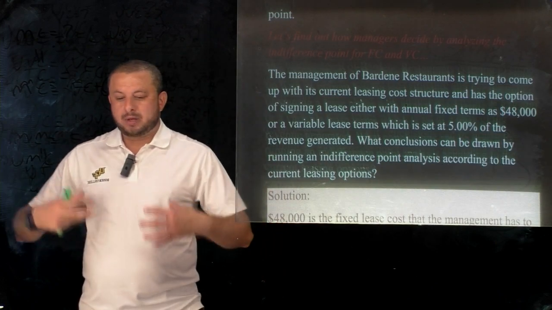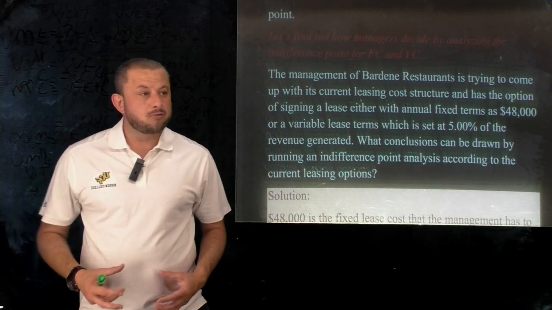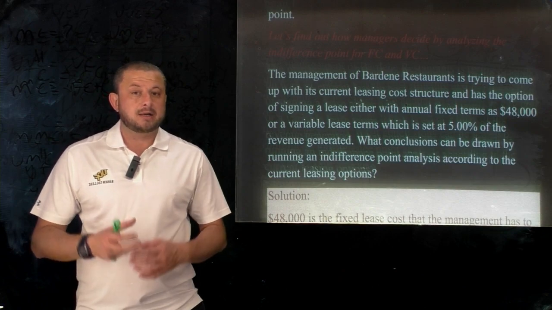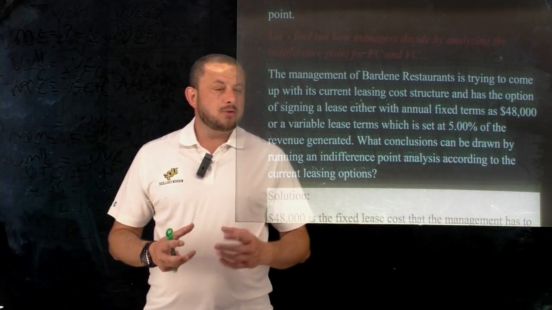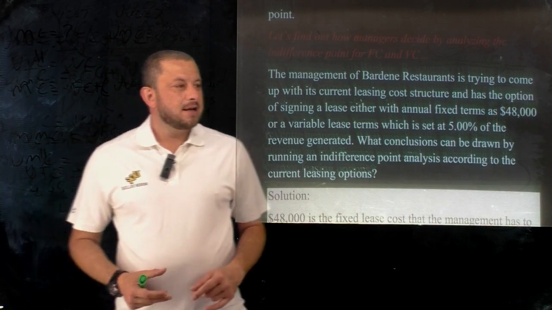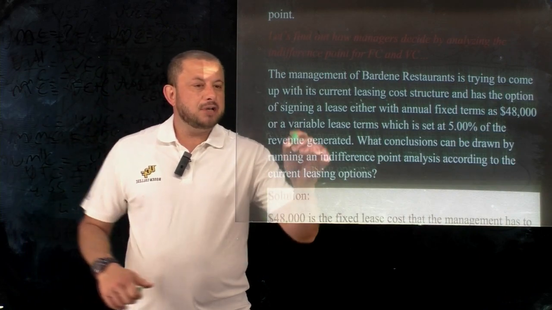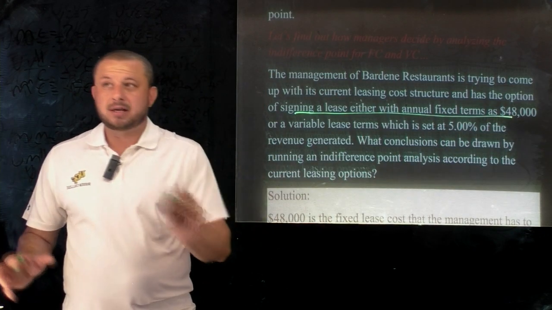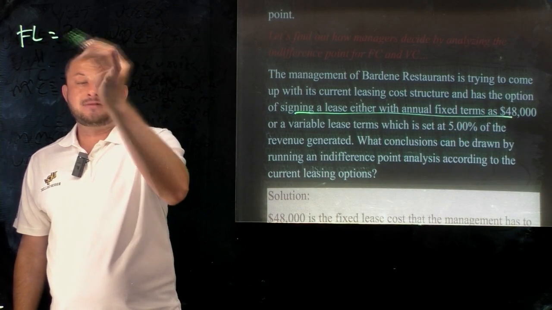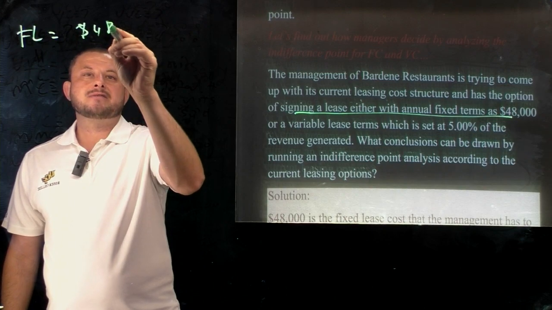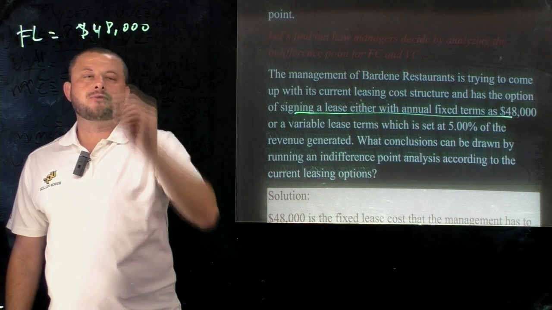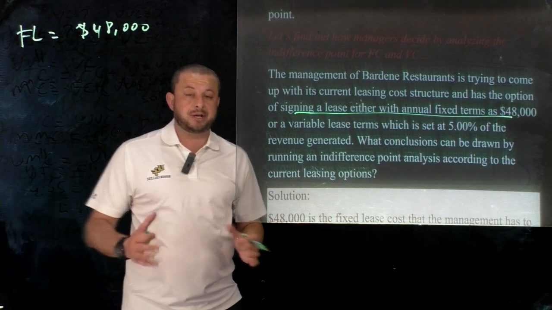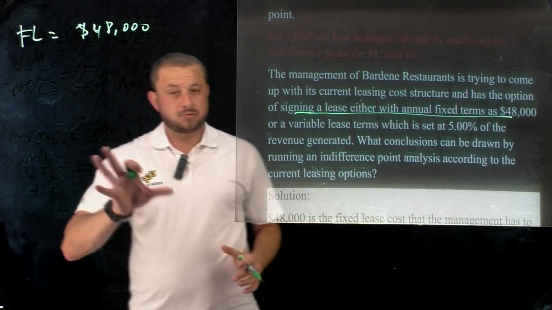So you're sitting down in a business meeting with your vendor, your third-party supplier, your lessor, or lessee, I guess. You have the option of signing a fixed lease, FL, of $48,000, which means you have to pay $48,000 every month, every quarter, every year, regardless of your sales volume.